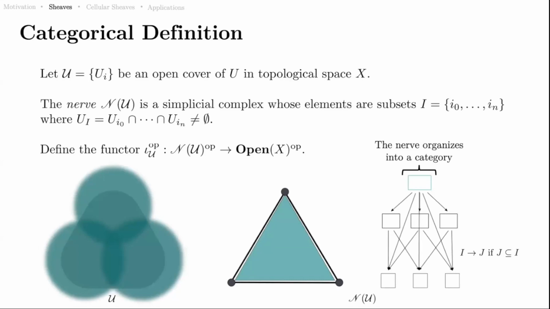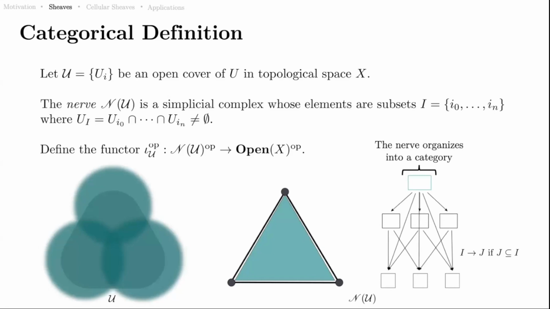Okay. So what is a sheaf? We're going to take some topological space X and assume we have some open cover of X. We're going to define the nerve of this cover.